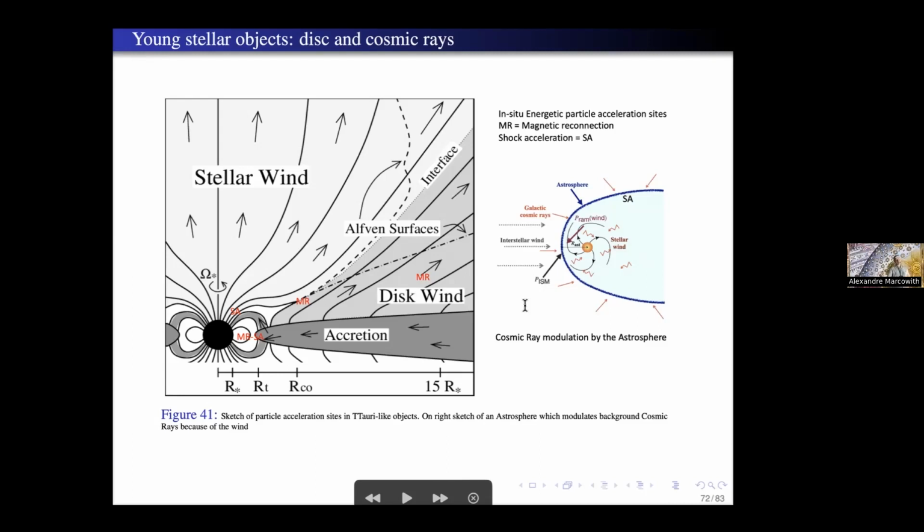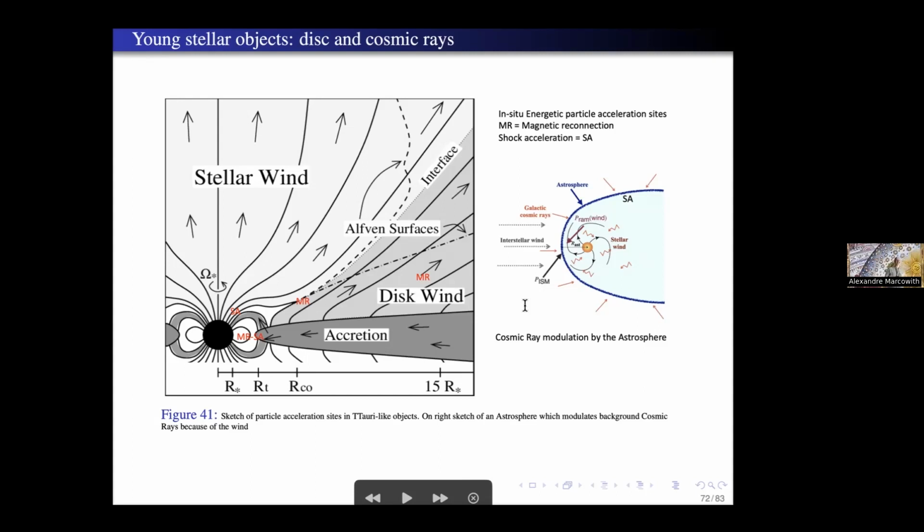But on top of that, they can produce non-thermal particles. Non-thermal particles will propagate along the magnetic field lines, and eventually they can also propagate in the accretion disk and penetrate at high column density in the disk. This is important because the ionization rate, the ionization fraction in the disk, in fact, controls the magnetorotational instability.